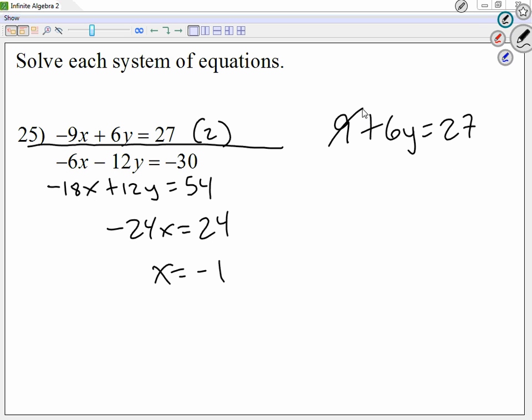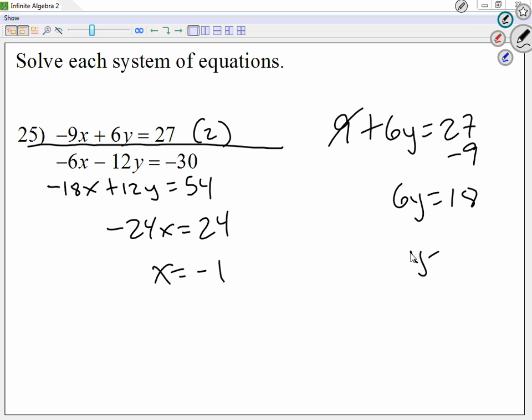The 9, let me move it to the other side as a minus 9. So wouldn't the 6y be negative 6? No, because I don't know the value of y, so I just leave it at 6y. Oh, yeah, I forgot. So I have 6y equals 18. Right, 27 minus 9 is 18.